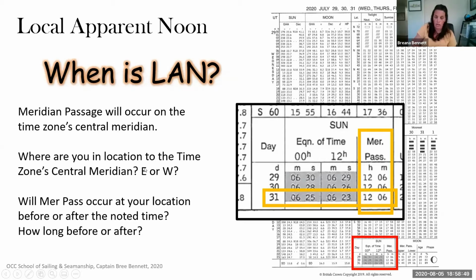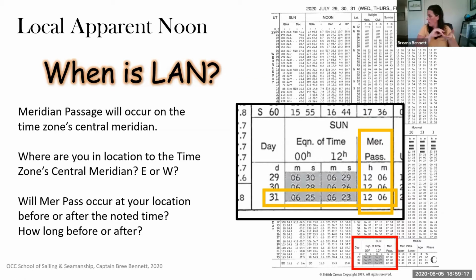So where are we? This meridian passage that they're talking about here is going to happen on the time zone's central meridian. So whatever time zone we are using, this 1206 is going to happen on the center of the time zone, or the central meridian.